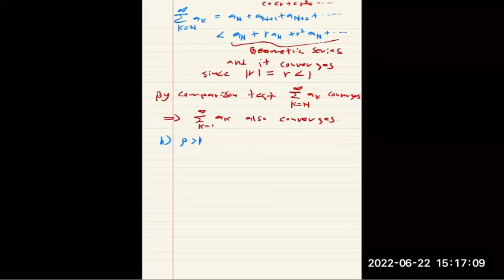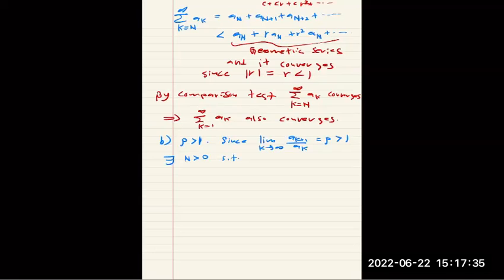Since this limit as k goes to infinity, a_{k+1} over a_k is equal to rho, which is bigger than 1, there exists, again by the definition of limit, some large enough n greater than 0 such that a_{k+1} over a_k is bigger than 1 for all k greater than or equal to n.